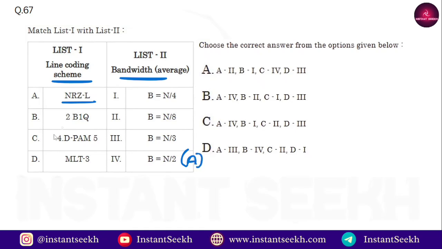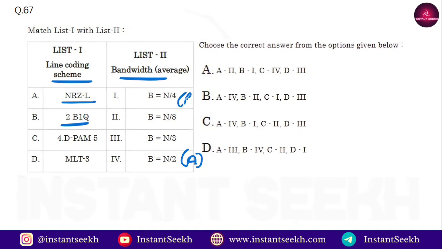Now second, 2B1Q, that is 2 binary, 1 quaternary, is a line coding scheme where 2 binary bits are represented by a quaternary symbol. You can remember it has a bandwidth of N by 4, a quarter.